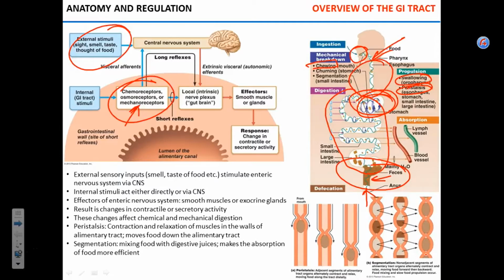Mastication occurs only in the mouth, okay? Defecation occurs only in the anus. And there are activities that you can find in the mouth, stomach, intestine, chemical digestion. Stomach and intestine both do mechanical. Okay, propulsion is esophagus, pharynx, small intestine, large intestine, it's all propulsion.